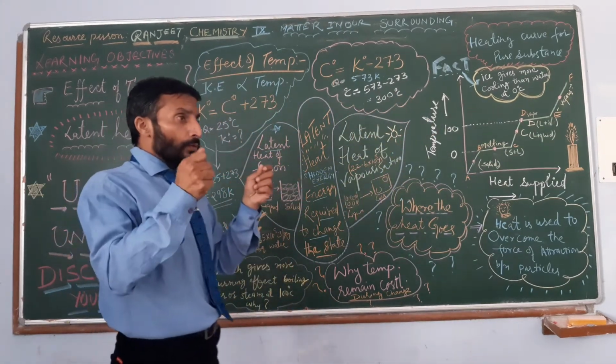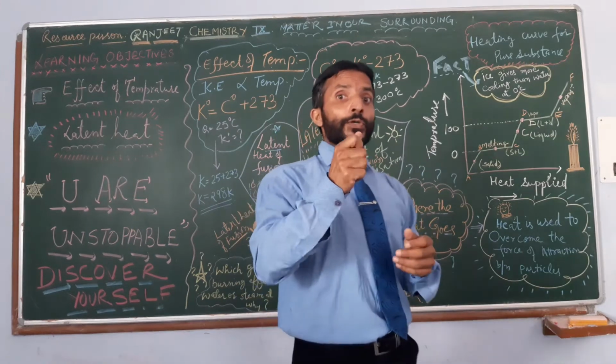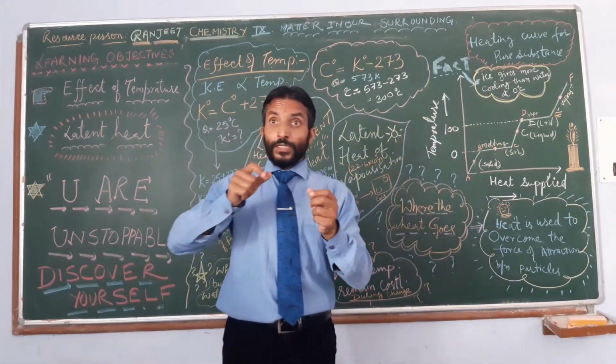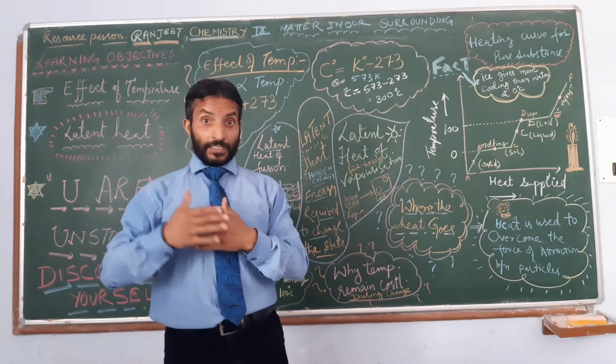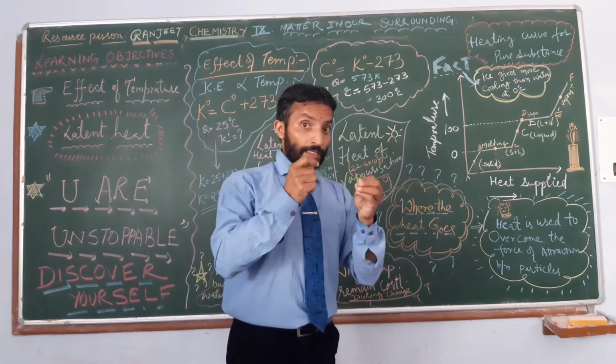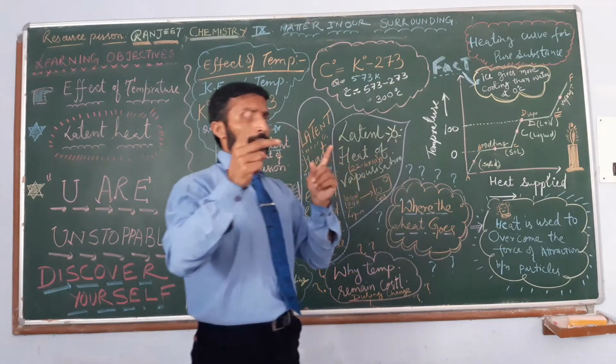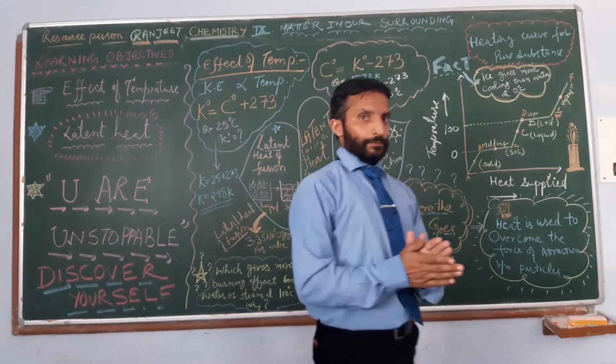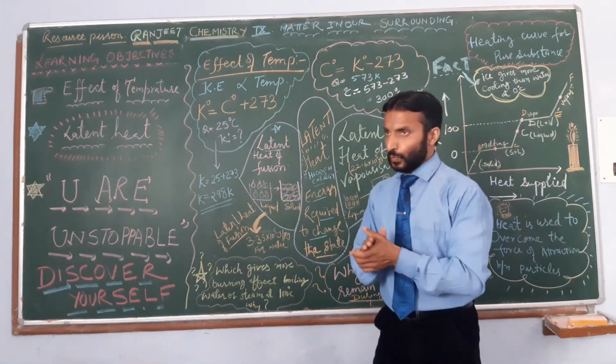Now how do we measure temperature? We use an instrument, the thermometer, and there we have some scales to measure the temperature. Very important scales we use are degree Celsius and Kelvin. What is the relation between these two?